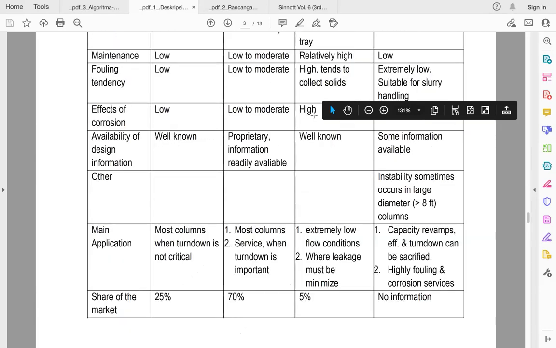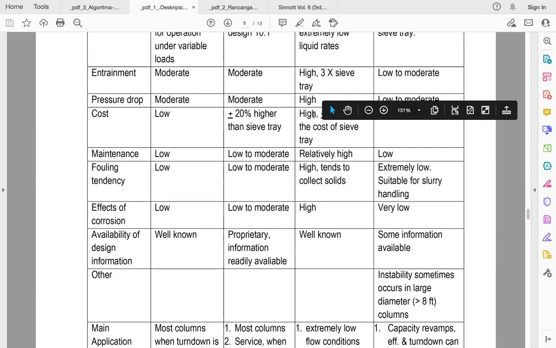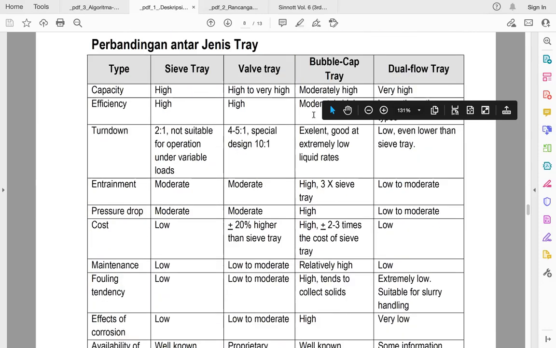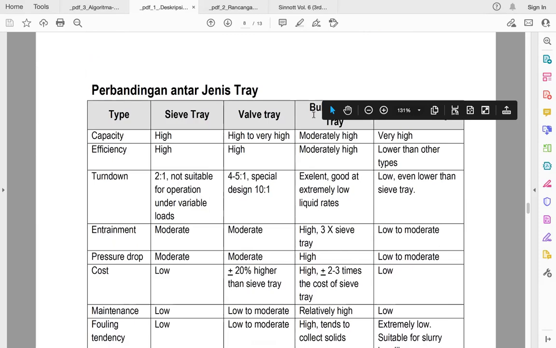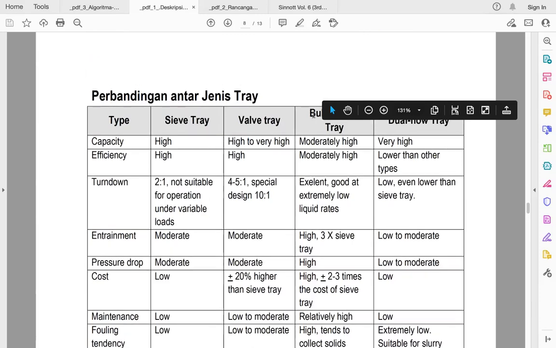On the aesthetic part where the ratio is 1 to 10, is it an actual standard, or is it just a rule of thumb? There is a rule of thumb in the book, in the Coulson book.